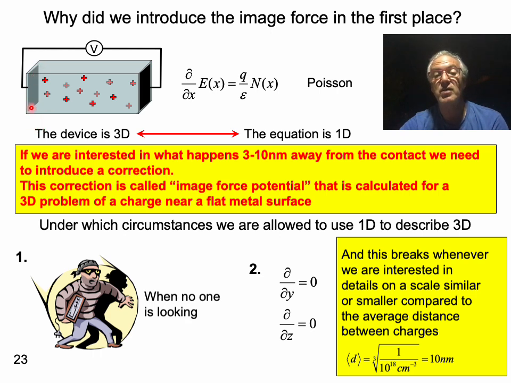Instead of now solving it in 3D, we solve it in 1D, and we introduce a correction which takes care of this non-uniformity. Of course, this is again an approximation which works well when the charge densities are not too high.